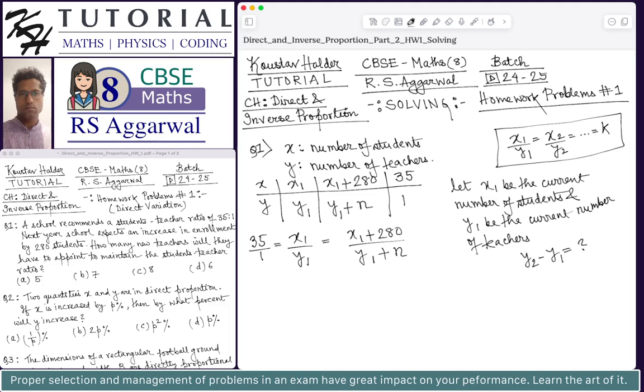First of all, since we have to find small n, using these two equalities, we have 35 by 1 is equal to x1 plus 280 divided by y1 plus n.